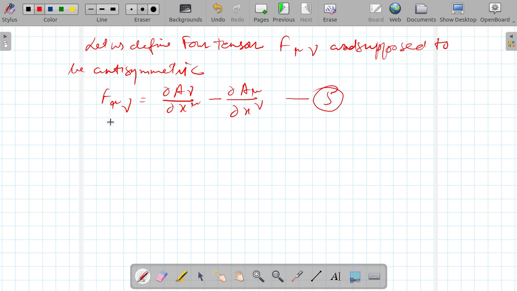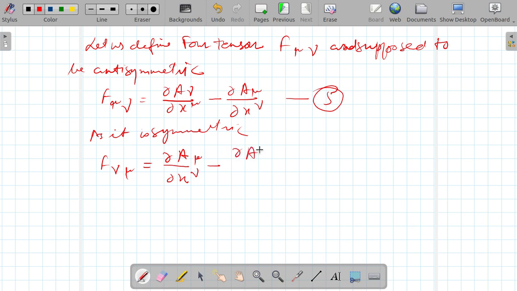As it is antisymmetric, that means F nu mu can be written as curly A mu over curly x nu minus curly A nu over curly x mu.